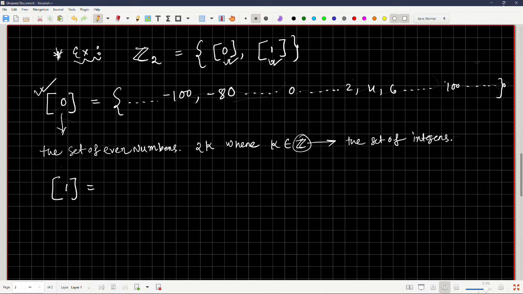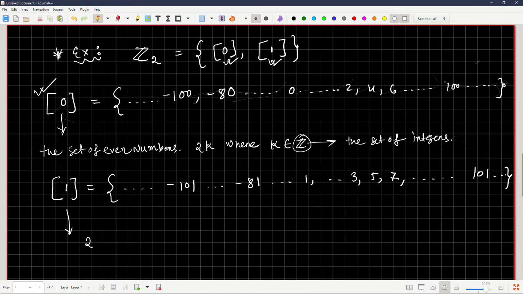Similarly, this one will contain all the odd numbers. So this is also a family of sets. Take any odd number divided by 2, you get what? A remainder of 1, right?